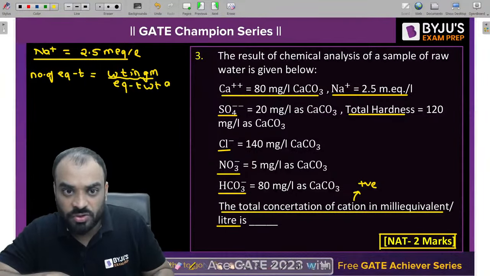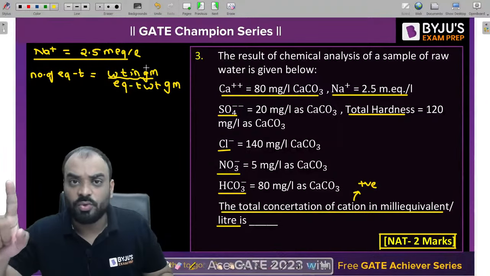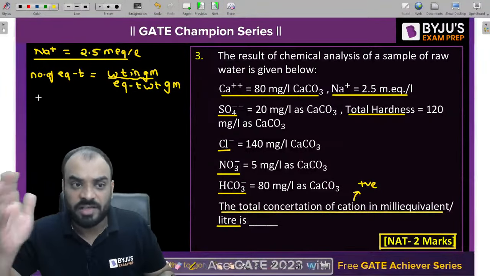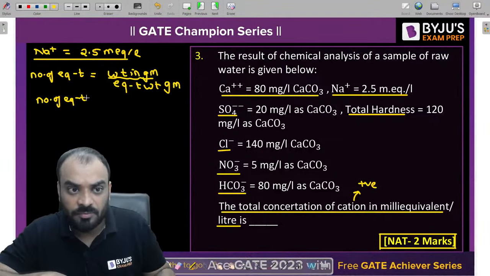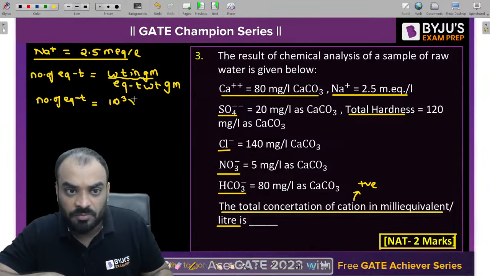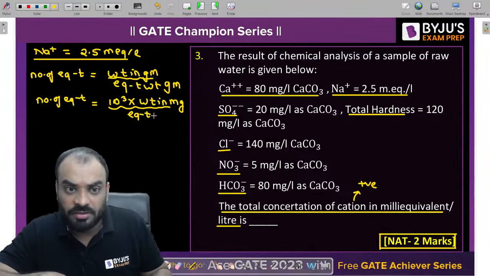Now if I convert this gram value into milligram, number of equivalents equals 10 raised to power 3 multiplied by weight in milligram, divided by equivalent weight.